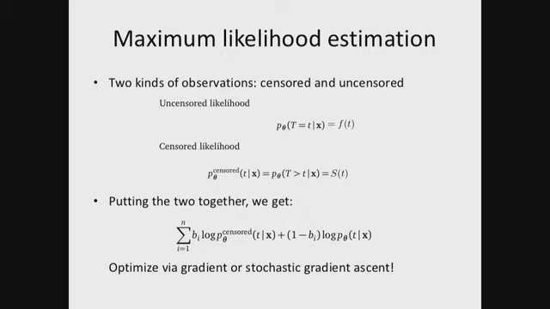And if b_i is 0, it means the time you're given is the time that the event occurs. So here what we're going to do is now sum over all of the data points in your data set from little i equals 1 to little n of b_i times log of the probability under the censored model plus 1 minus b_i times log of probability under the uncensored model. And so this b_i is just going to switch on which of these two you're going to use for that given data point.